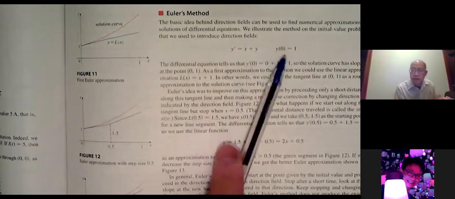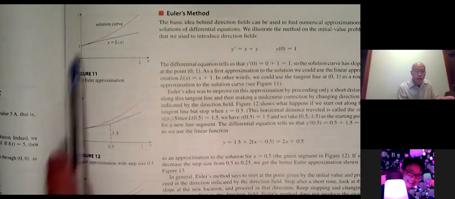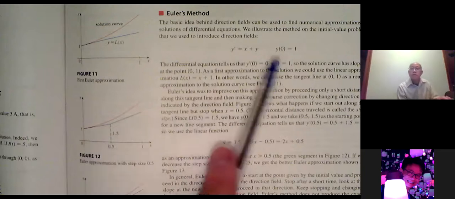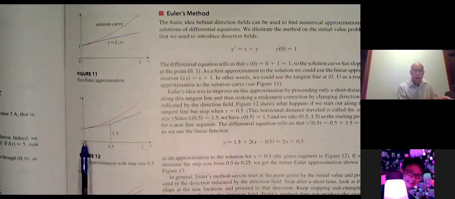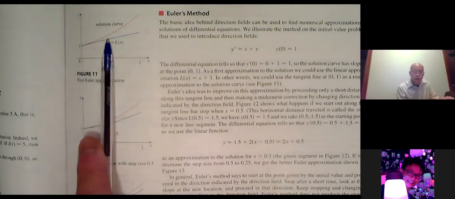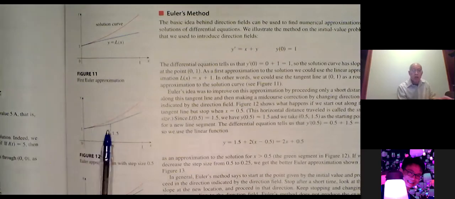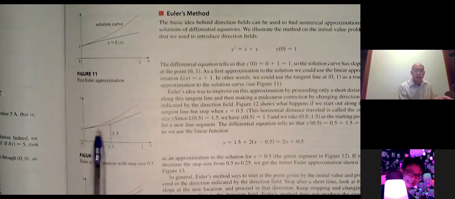Okay, so I start off with the same point, (0, 1). Notice it's starting at the same point. If I plug in, I still have the slope of 1, right? (0, 1), slope is 1. So this part from 0 to 0.5 is exactly the same as this. But I stop when I reach (0.5, 1.5), it looks like.